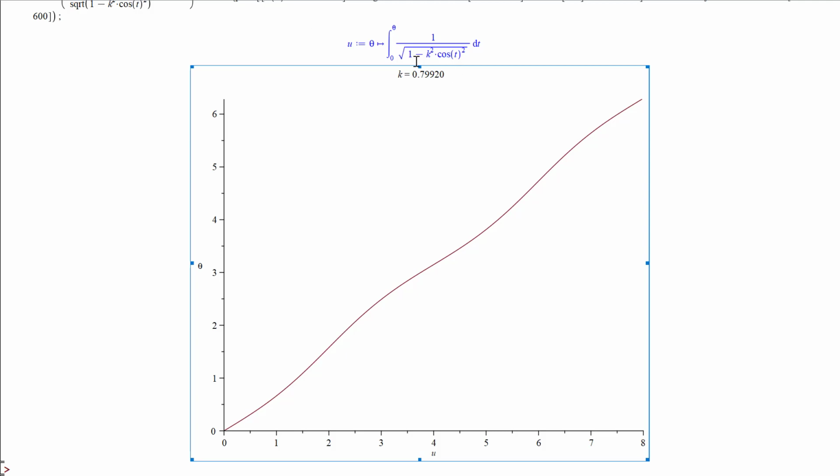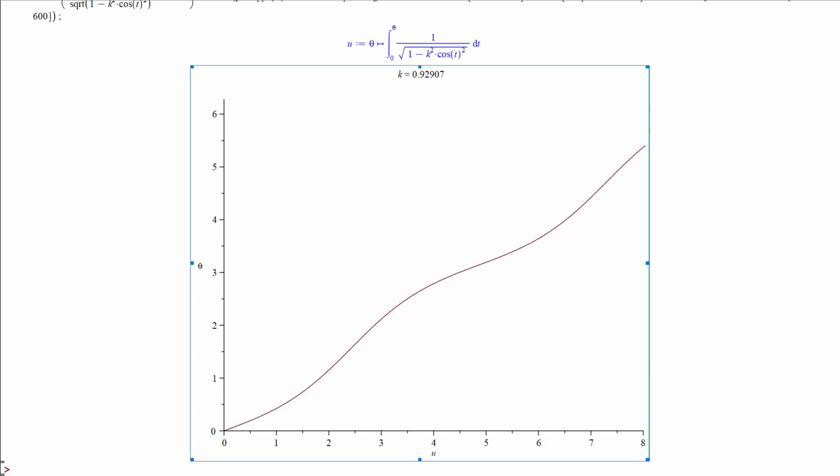One good thing about the sine version is I can integrate when k is 1, whereas here I can't really integrate at k equals 1. You can do some limit stuff. I'm not going to go through the details right now, maybe I will in another video. I did have to stop this as k goes to 1, because you get into trouble. So I had to stop it at like 0.999.